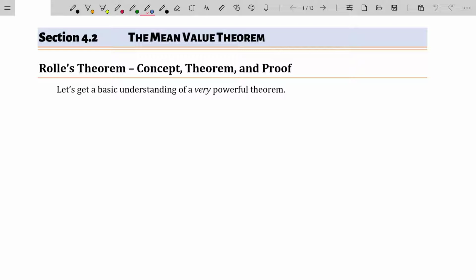But we're going to start with one of my favorites, and it's actually a pretty easy theorem to understand. By the way, this is something that I tell my students in classes: in calculus, theorems are actually pretty easy to understand when spoken out loud. Like the intermediate value theorem seems like a super simple idea.